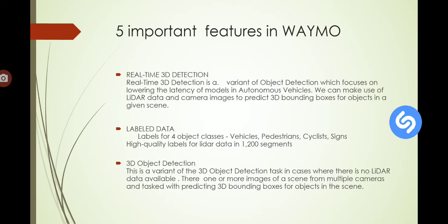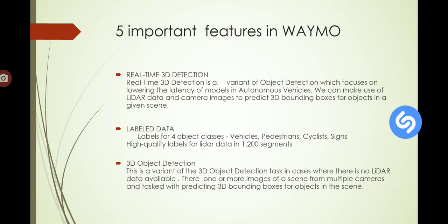The 5 important features I considered in Waymo. First one is real-time 3D detection. Real-time 3D detection is a variant of object detection which focuses on lowering the latency of models in autonomous vehicles, which can make use of LiDAR data and camera images to predict 3D bounding boxes for objects in a given scene.